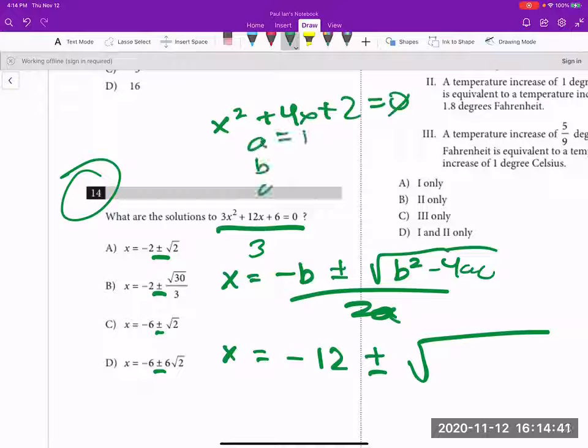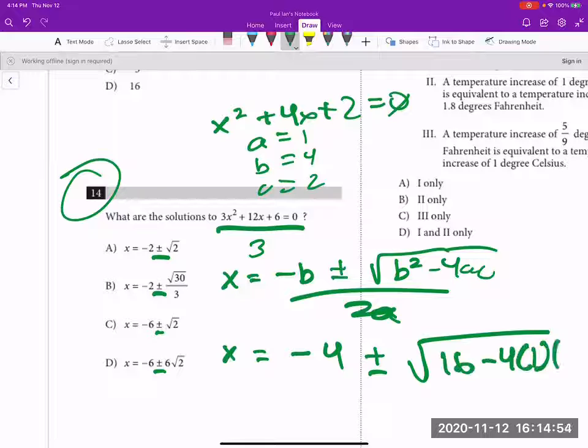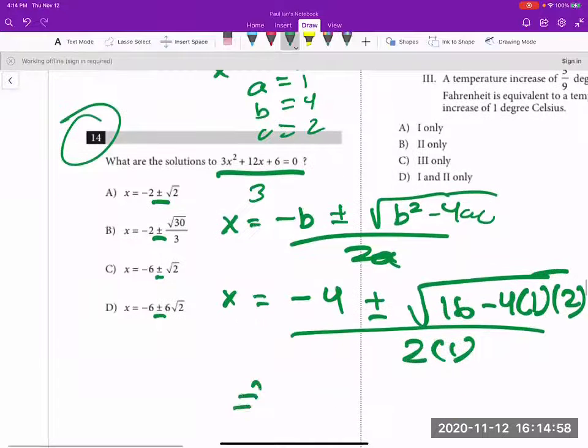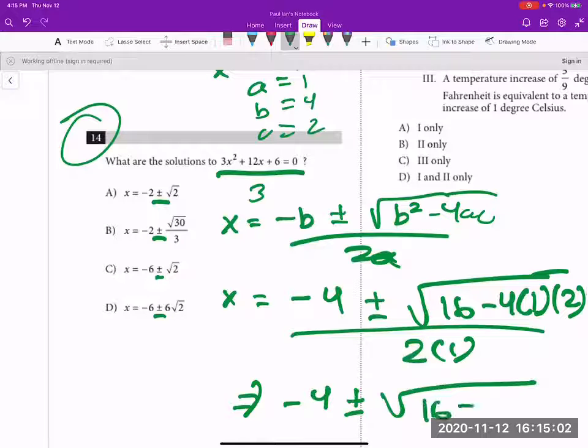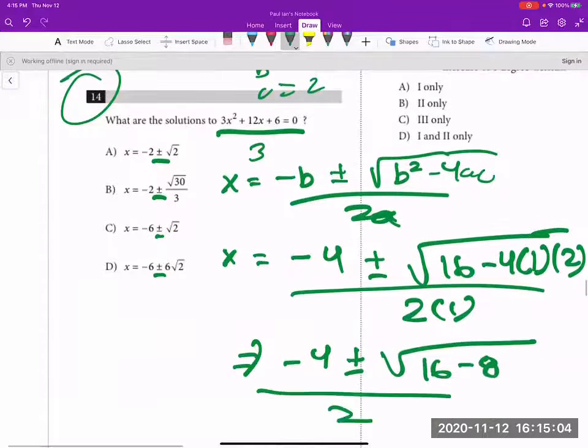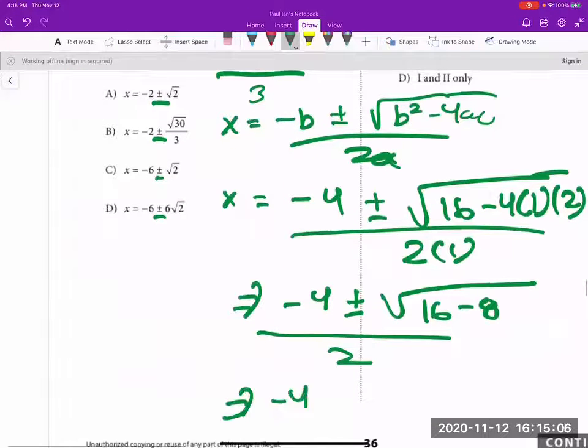A, B, and C are 1, 4, 2. So minus 4 plus or minus the square root of 4 squared, that's 16, minus 4 times 1 times 2, over 2 times 1. Minus 4 plus or minus the square root of 16 minus 8, divided by 2. Minus 4 plus or minus the square root of 8, divided by 2.